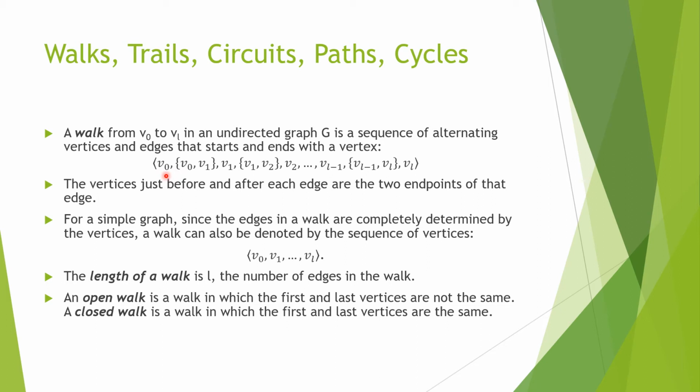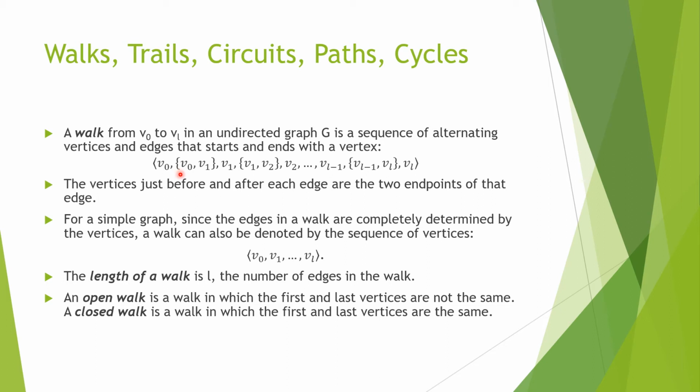So here is a walk from V0 to VL. We start from V0, the source of the walk, and then we write down an edge, because as I said, a walk is a sequence of alternating vertices and edges, which means after a vertex we need to have an edge, and after an edge we need to have a vertex.